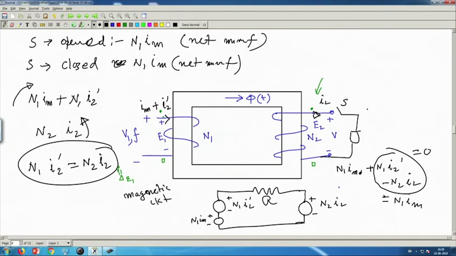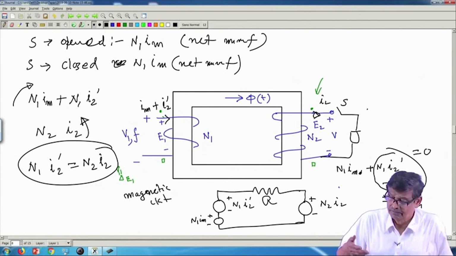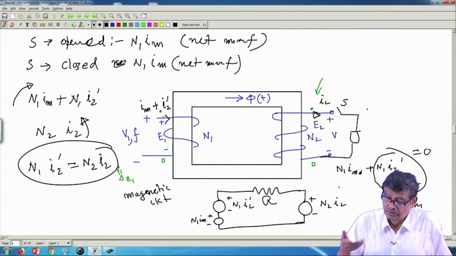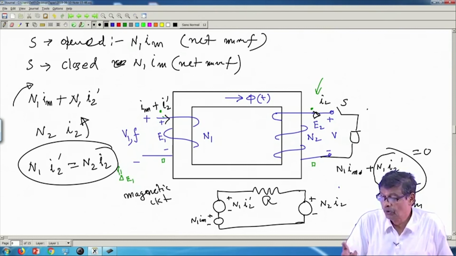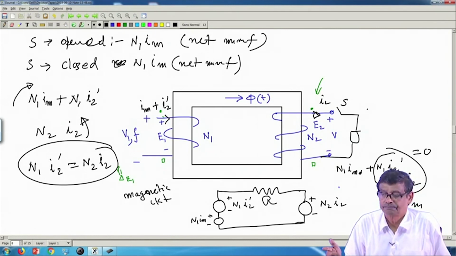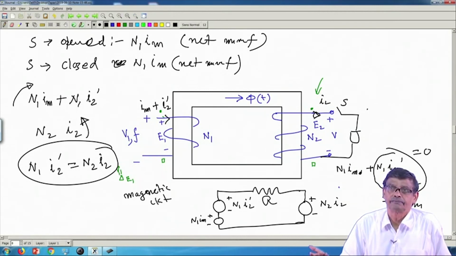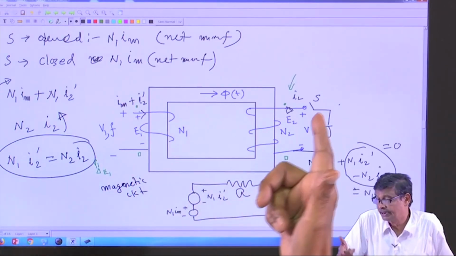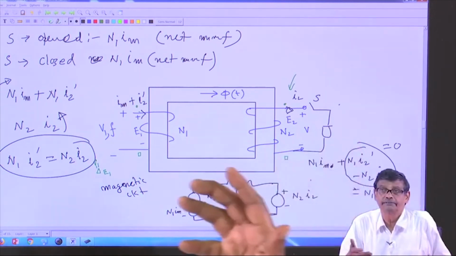So, please go through this particular topic, discuss among yourselves with your friends the arguments put here, to conclude that no matter whether the switch is opened or not, flux level in the core of the transformer remains fixed and it is decided by only V1 and F, no matter whether S is closed or S is opened.